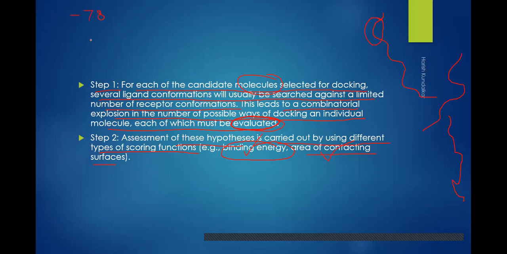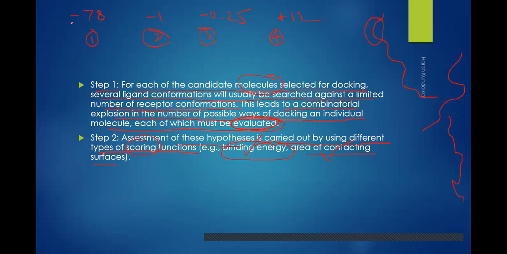Molecule number two has a binding energy of, suppose, minus 1. Molecule number three has a binding energy of minus 0.25 maybe. Molecule number four has a binding energy of plus 1.2. So we'll have different binding energies calculated by the different scoring functions, and then we will rank those ligands accordingly. Here what we need to see is the greatest negative value.